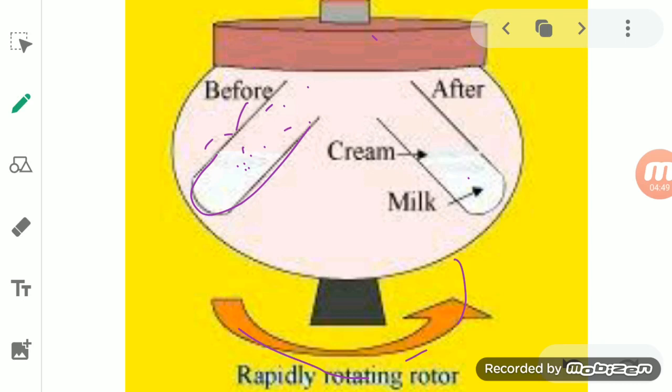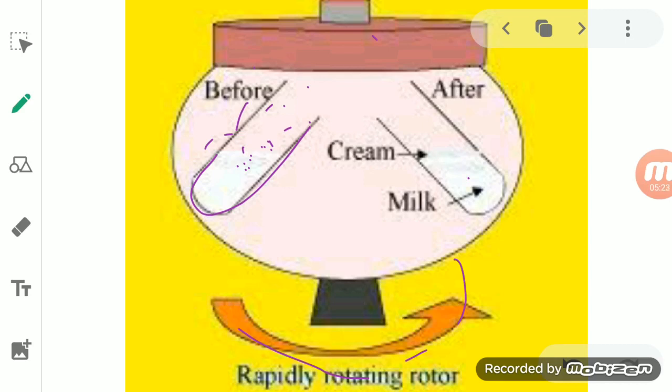When it rotates rapidly, a force starts acting on the particles which are suspended, which have still not settled down and remain mixed with the mixture. It forcefully makes the suspended particles heavier, and as they get heavy, they settle down at the bottom of the test tube.